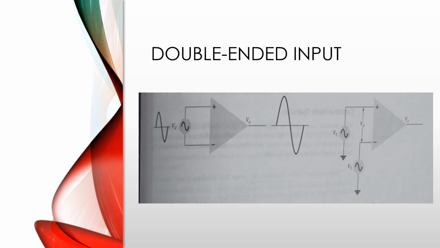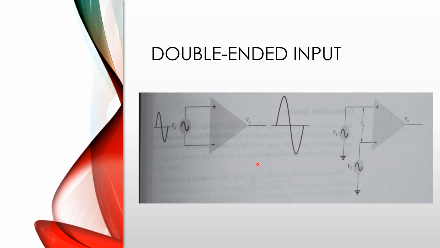Next we discuss the double-ended input. In this double-ended input, this is how we apply the input signal voltage. This is one type of connection and this is the other type of connection.